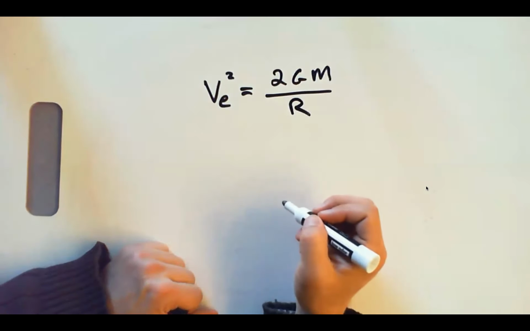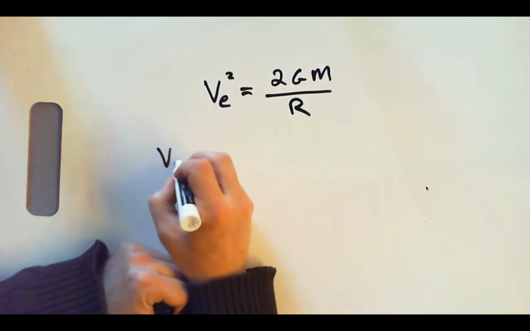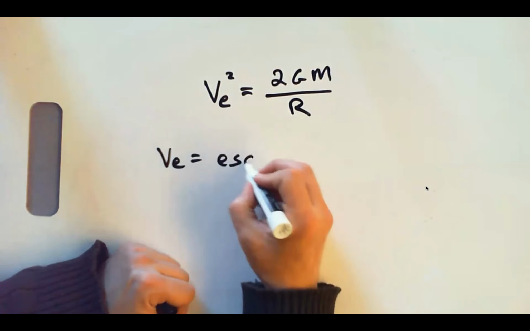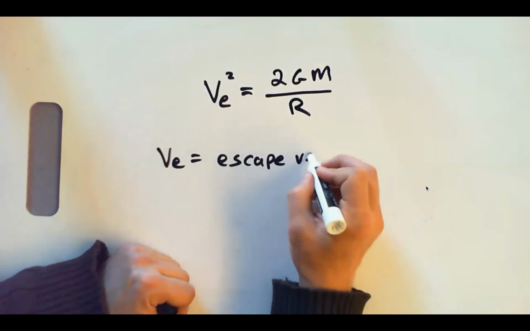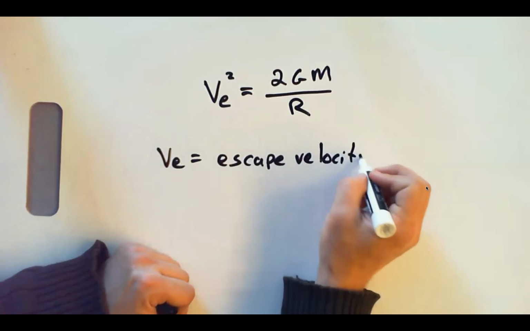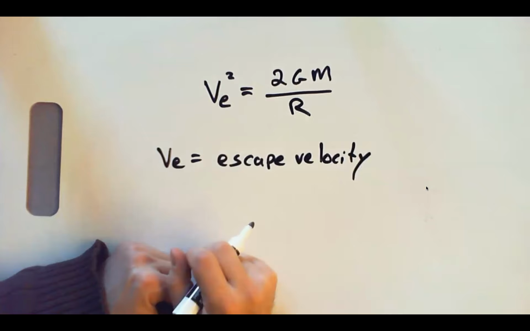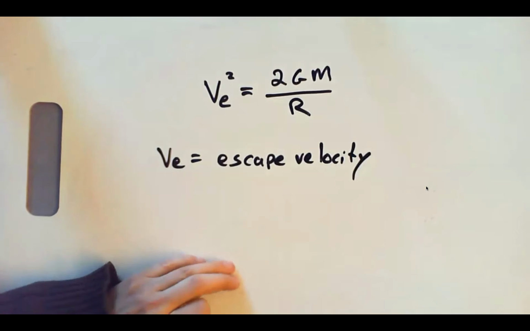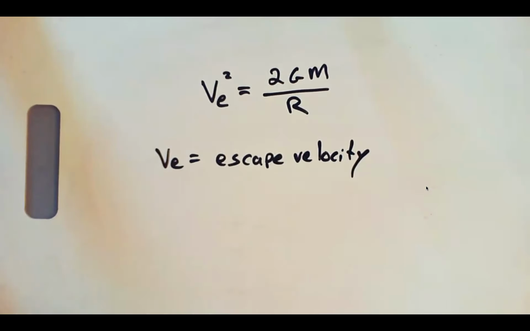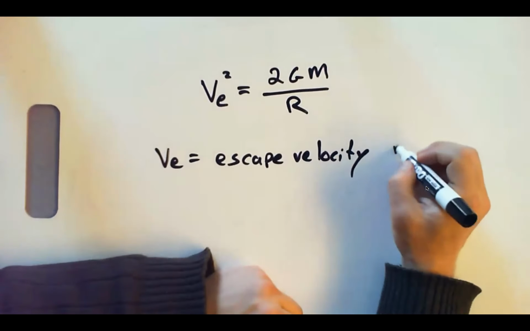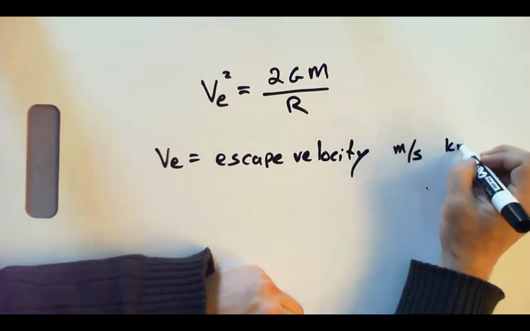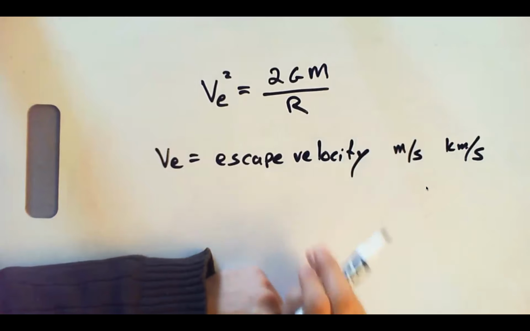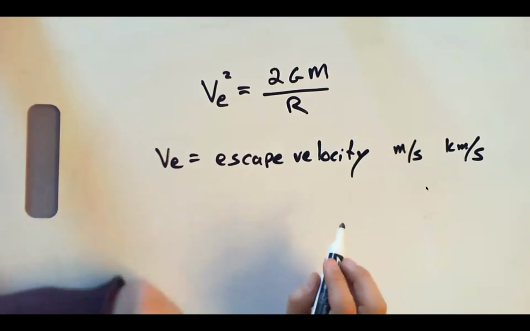So let's define all of these terms first. VE is the escape velocity. What kind of units would you expect for a quantity called escape velocity? Well, it's a velocity. This could be meters per second. This could be kilometers per second. It can be whatever distance divided by time unit you want, really.